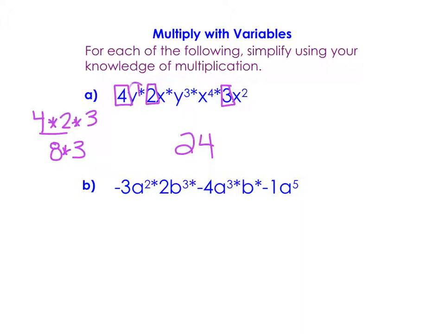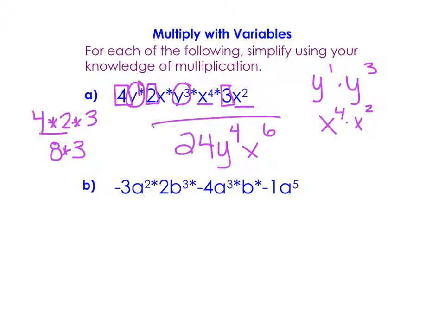Then I notice here that I have a y to the first times a y to the third to give me a total of y to the power of 4, because there are 4 y's being multiplied together. And then from here I have x to the fourth and x squared for a total of 6 x's being multiplied together.